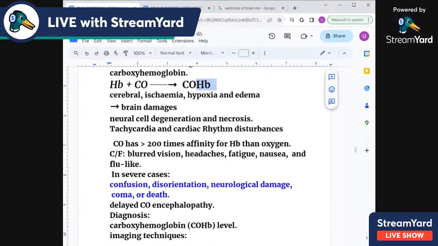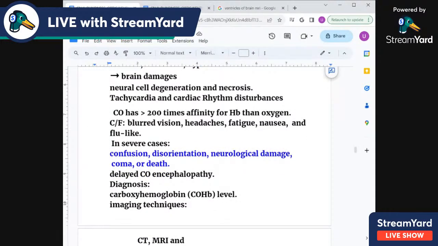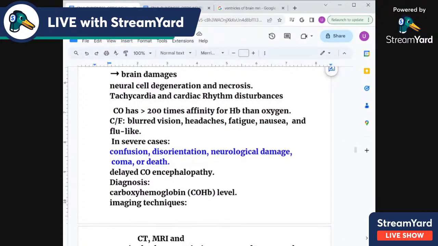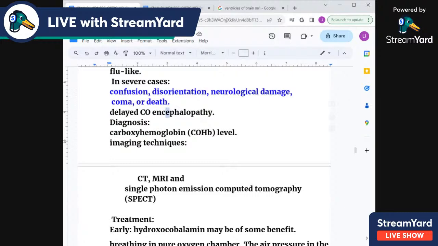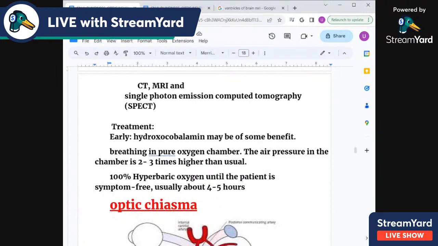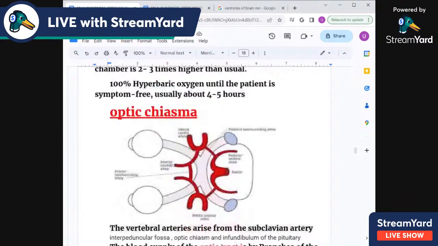So it causes ischemia and anoxia of the neurons and optic nerve, causing blindness. Otherwise, it also causes confusion, disorientation, neurological damage, coma, and death, and encephalopathy in delayed stages. The treatment may be early stage hydroxocobalamin or 100% hyperbaric oxygen.